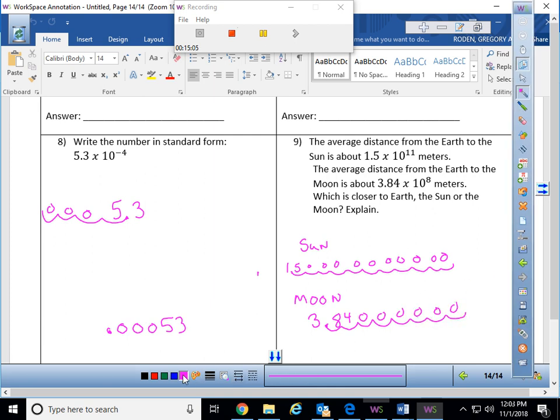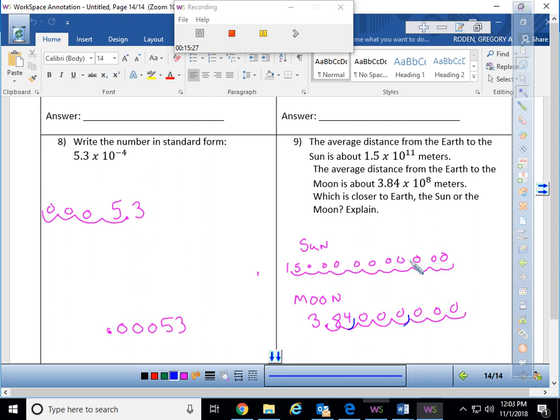Let's see here. Well, obviously the sun is much further away from the Earth than the moon is. I think we'd burn up if we weren't, but let's just see what these numbers say. So this is hundreds. This is thousands. So the moon is approximately 384,000 meters away from the Earth. Now the sun, let's see here.